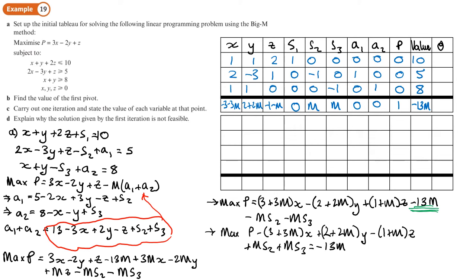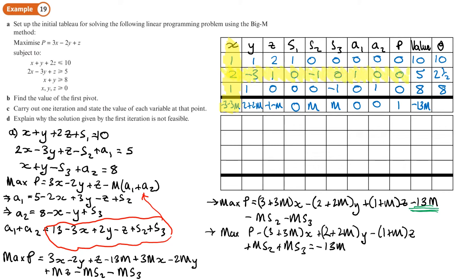So the very first column is where I find the most negative values. And then we'll do theta, so 10 divided by 1, 5 divided by 2, 8 divided by 1. So we can see that our second row is going to be our pivot row.